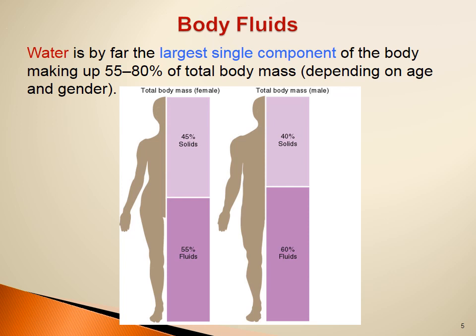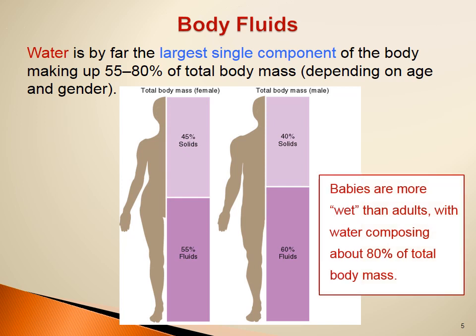And here we can see that in females, 55% of their mass is water, while in males, because they have less adipose tissue, 60% of their total body mass is water. Babies are more wet than adults because their body contains about 80% water of the total body mass of the babies.